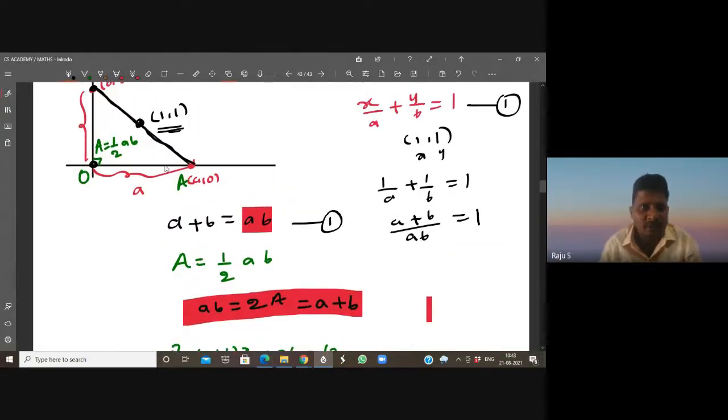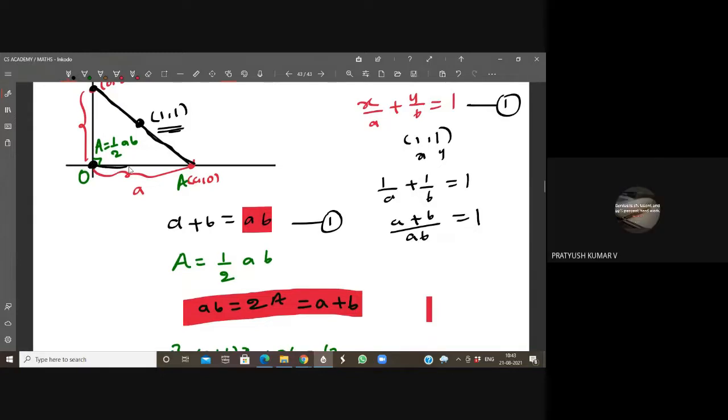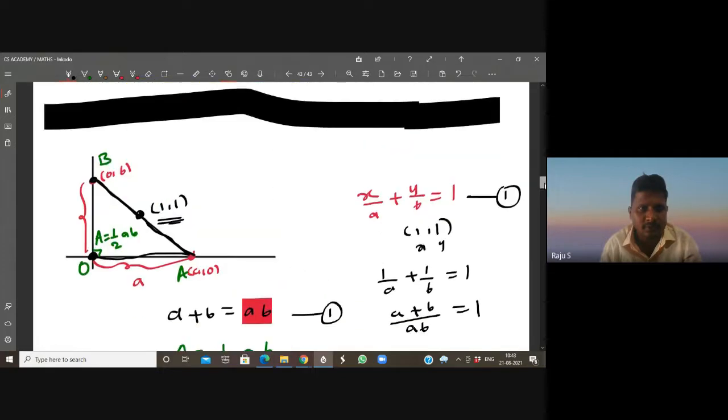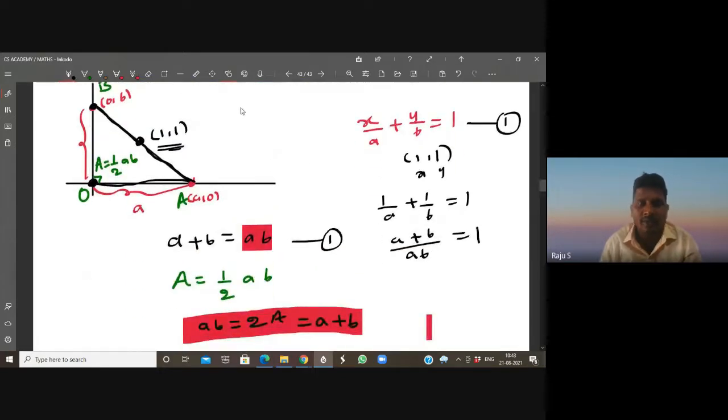Intercept means the line intersects the x-axis at some point. The distance from the origin to that point is called the x-intercept. The line also intersects at one point on the y-axis. The distance from the origin to that point is called the y-intercept.